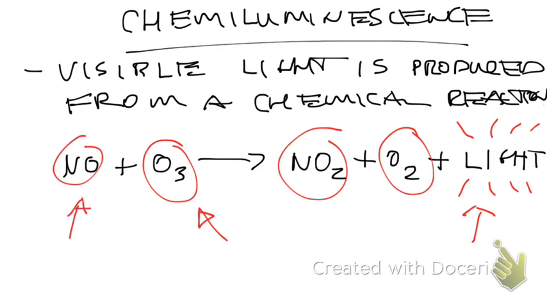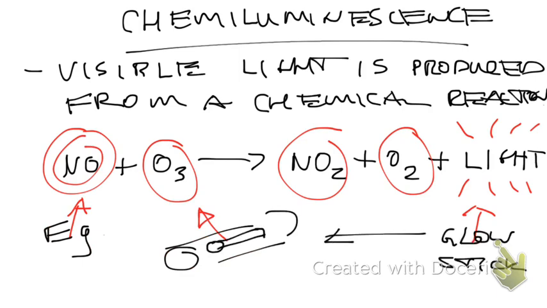So we can measure the NO by adding a whole bunch of ozone, and if we put some nitric oxide from our sample, which is a pollutant, into our analyzer, it's going to produce more and more light as that concentration goes up. So that's our end goal with this reaction: we're using it to measure the amount of NO in our sample.